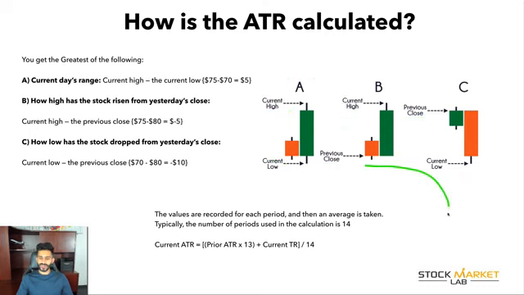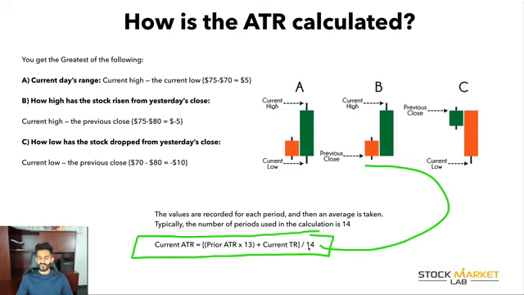Then it plugs that number into this calculation and divides it by 14 because we have selected 14 days. If I selected a 10-day average, we would change this to 10, or the system would change it to 10. You don't need to know the formula. I promise the system is going to do it for you. So don't stress about figuring out the formula and waste so much time and energy on this. You guys are going to see the system does everything for you.